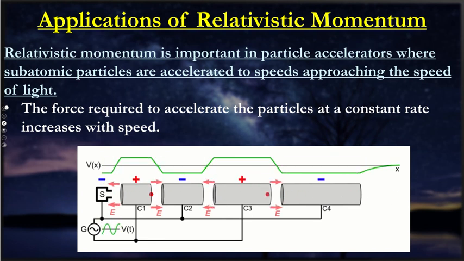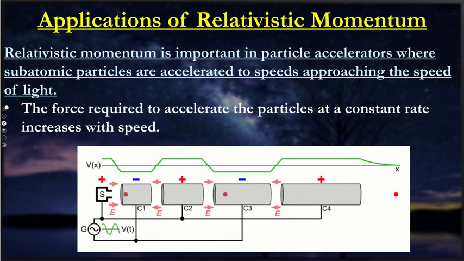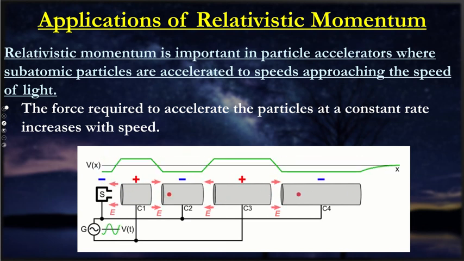So you need to have a very small particle to accelerate, because as you get closer to the speed of light, it will get bigger and it'll be harder to move it. So that's why they use things like protons, subatomic particles rather than actual atoms.